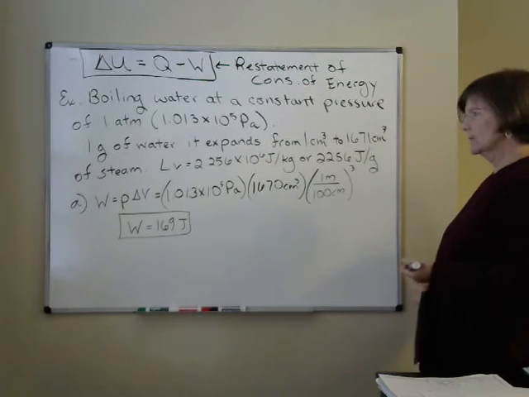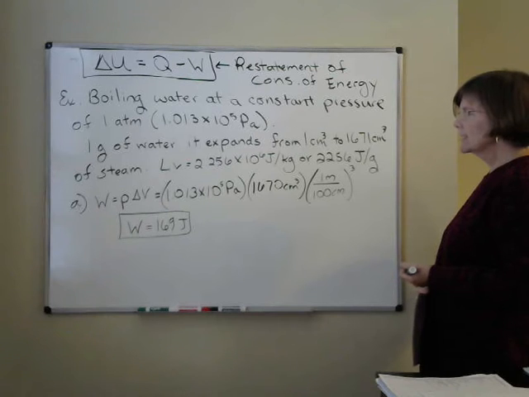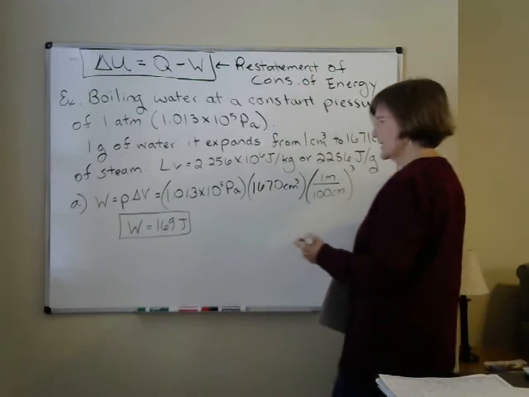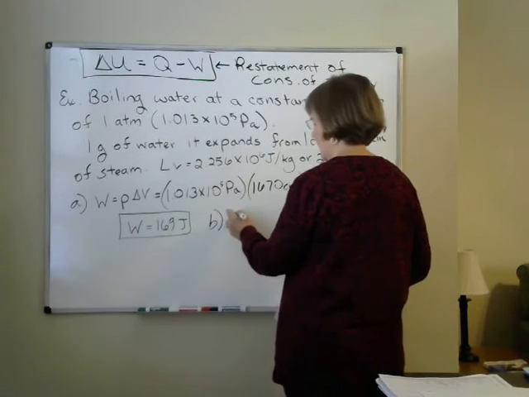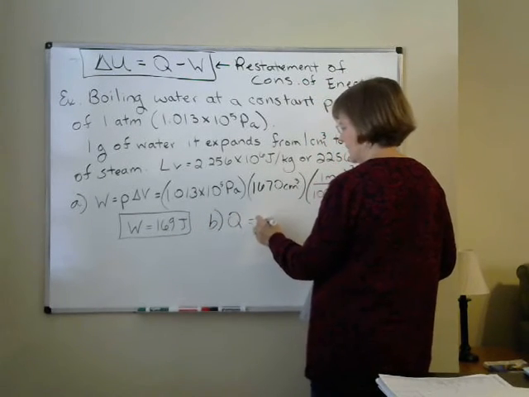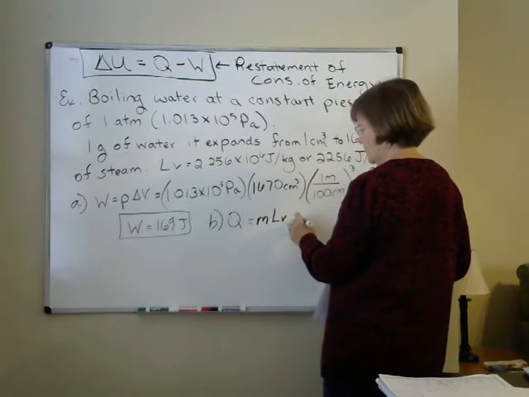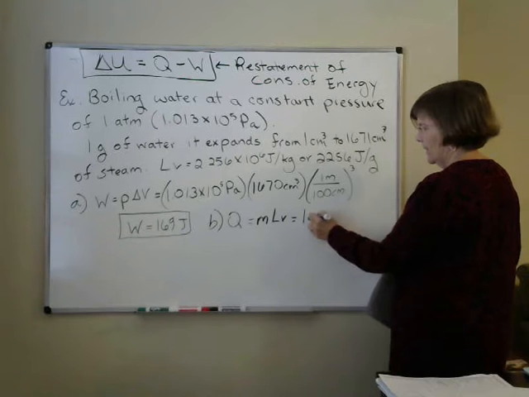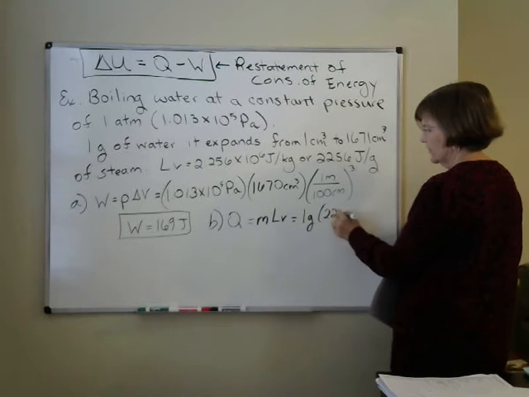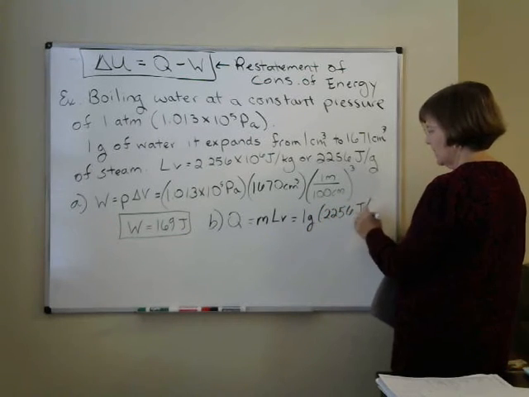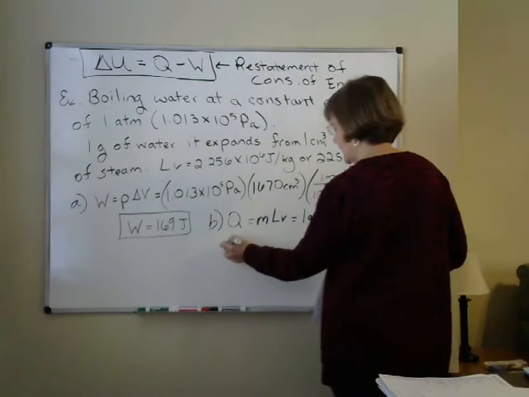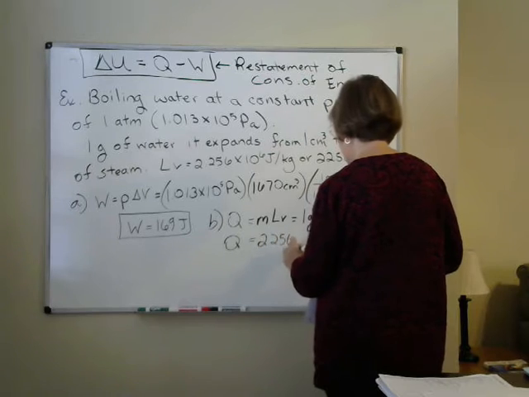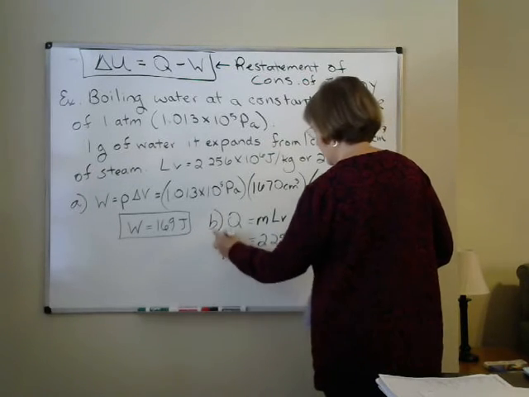How much heat did we have to add to the system? The heat added is the mass times the heat of vaporization. Using the second value, we have 1 gram times 2,256 joules per gram, so the heat added was 2,256 joules.